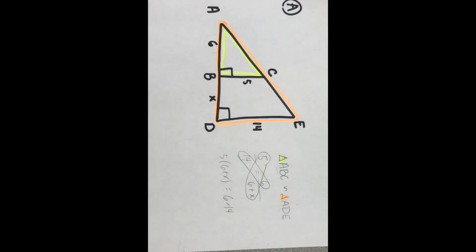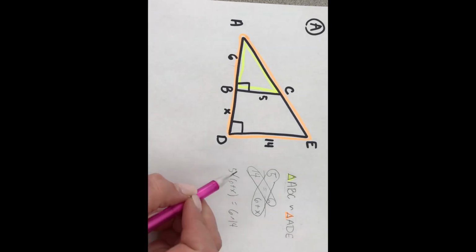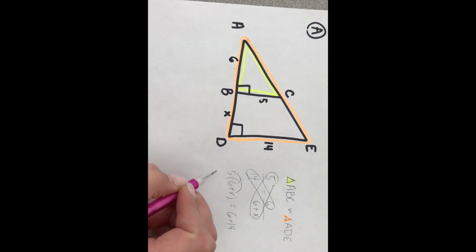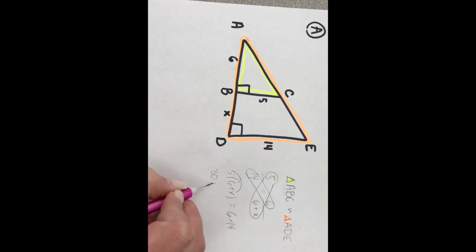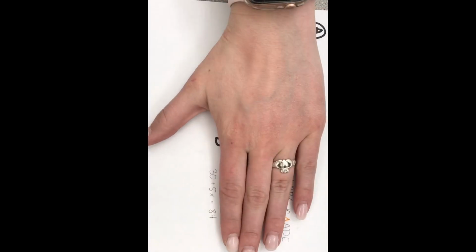Let me go grab a calculator really quick, but you can also work this out while I grab a calculator. Now, the part with the 5 I have to distribute, which means I have to multiply the 5 to the 6, which is 30, and to the x, which just leaves me with 5x. 6 times 14 is 84. And now take the geometry out of this, guys.